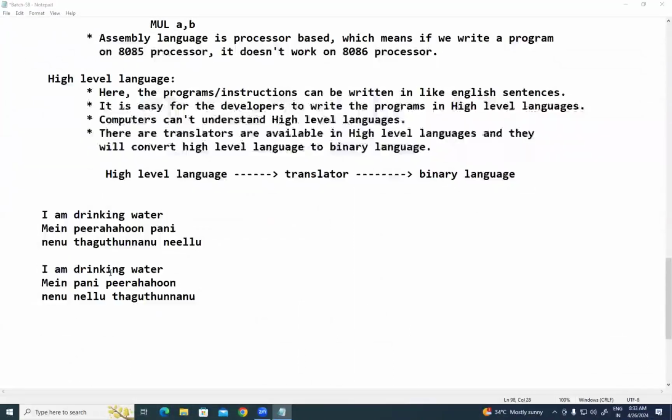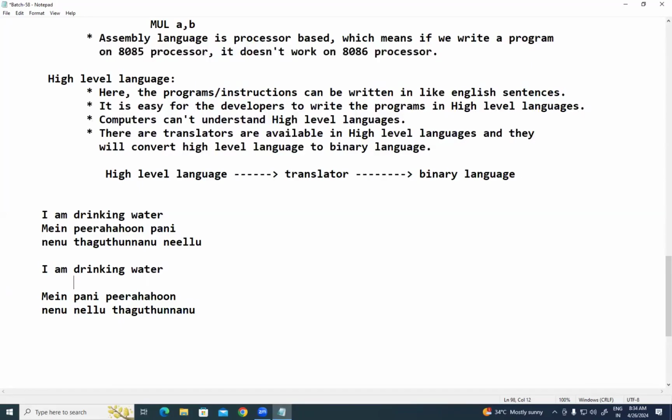Please understand here. In the statement, I am drinking water, who is the subject and who is the object? Tell me, drinking is what? Water is what?